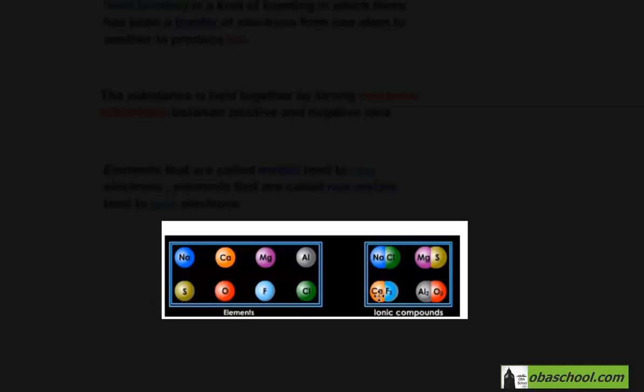And in the box to the right, notice the formation of ionic compounds. So an ionic bond is formed between a negative ion and a positive ion. For example, take a look at NaCl, the sodium chloride compound. It's held together by an ionic bond between the positive Na+ ion and the negative Cl- ion.